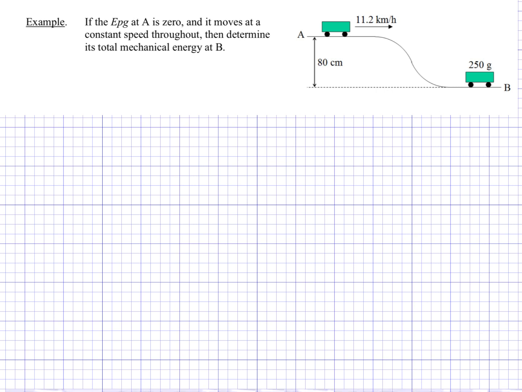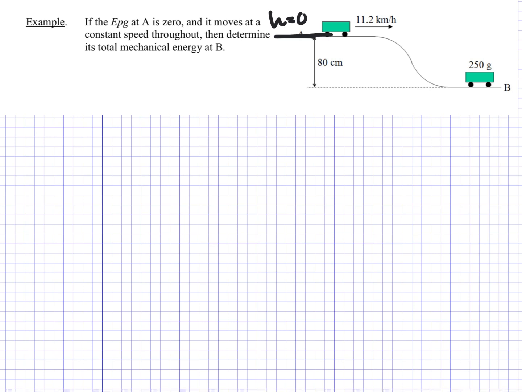Now, what's interesting about this scenario is that we're told to set the 0 height, so height equals 0 at point A. As far as we're concerned, because we have determined the reference point, it has 0 gravitational potential energy at position A. It does have some kinetic energy.